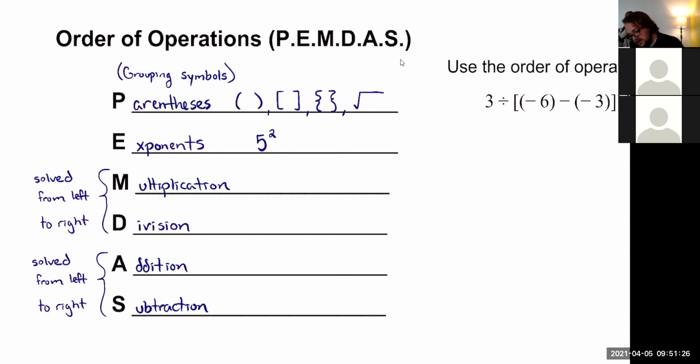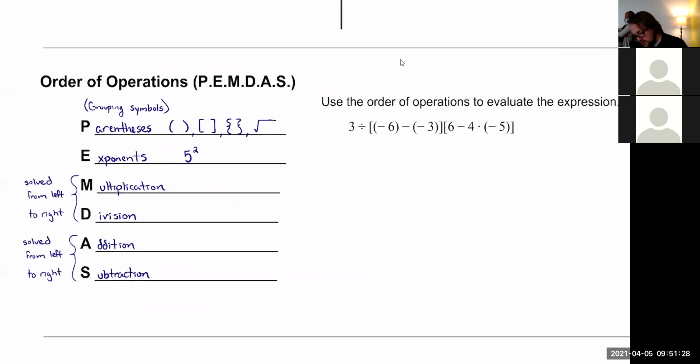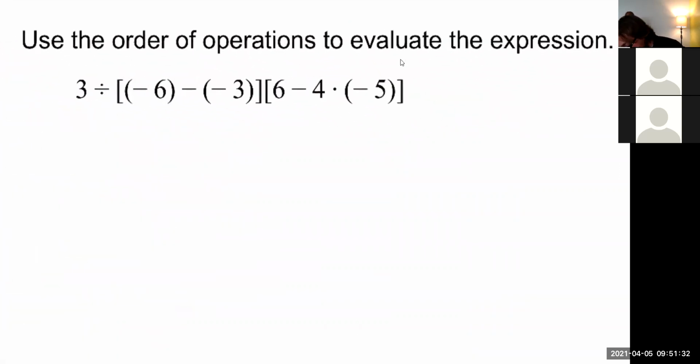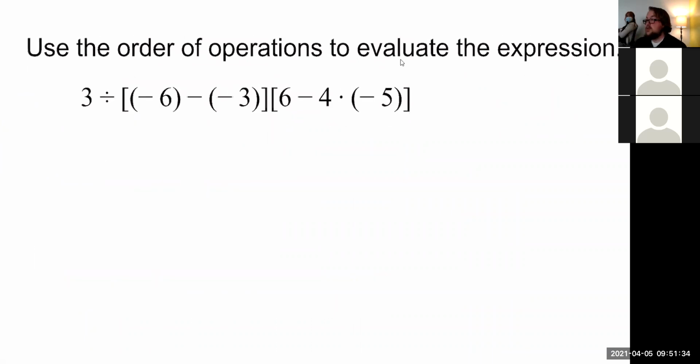What I want to do real quick is use our order of operations, or at least most of them, to evaluate this expression. The reason why it says evaluate, hopefully you notice, is that it has no equal sign.